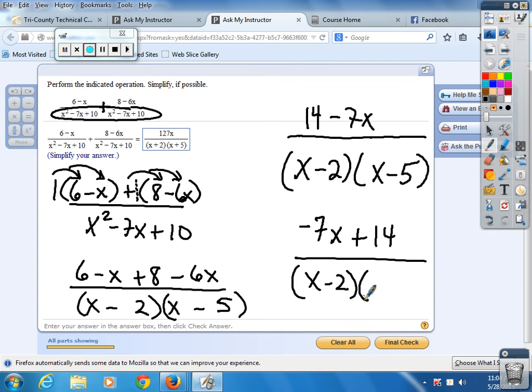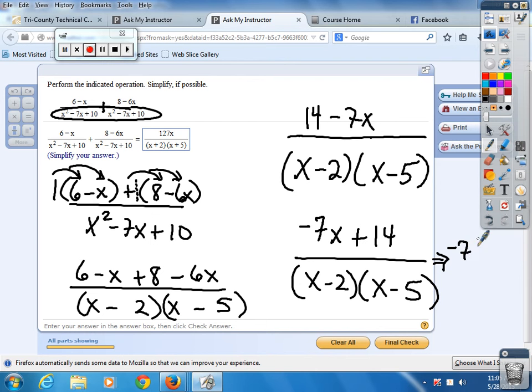And I got one question for you. It looks like we can factor out, but that'll give us a positive 2 here, right? Or a negative 2. Hey, that'll work. But we've got to factor out what? A negative 7. Don't factor out 7 because you won't get the same thing.